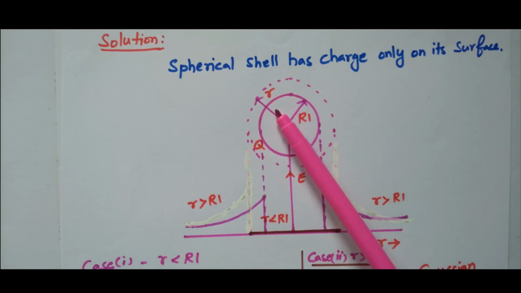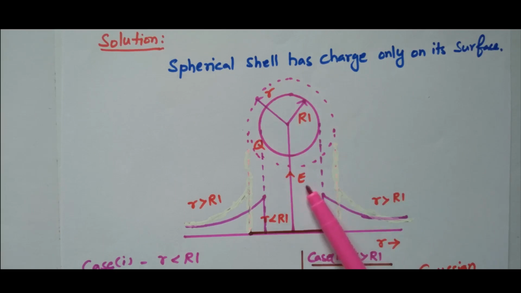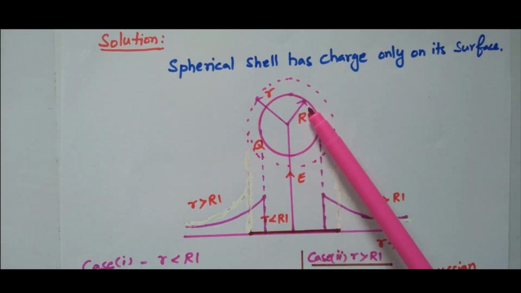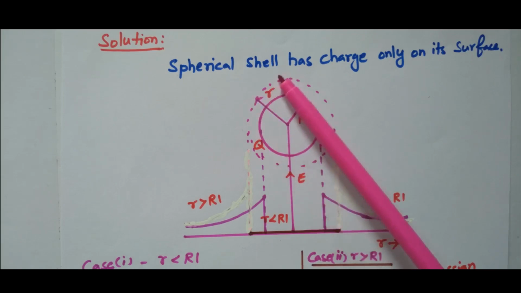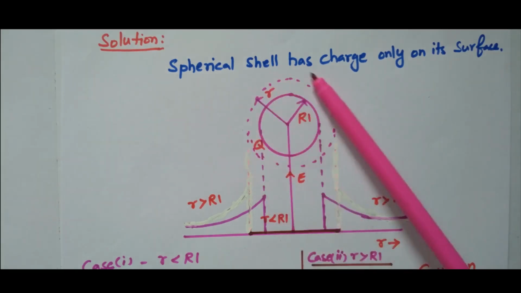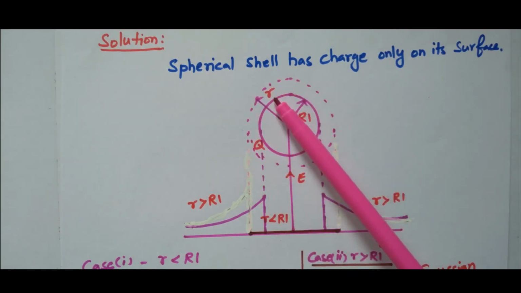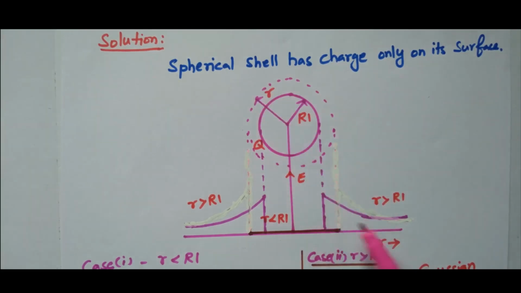When the small r increases, what will happen to the electric field intensity? That we are going to analyze. r1 is the radius of the spherical shell. The small r is the imaginary spherical surface outside.